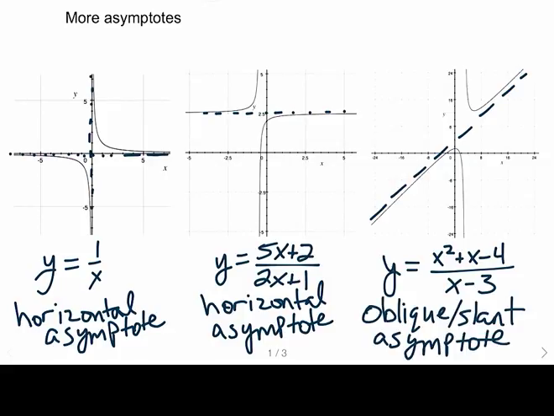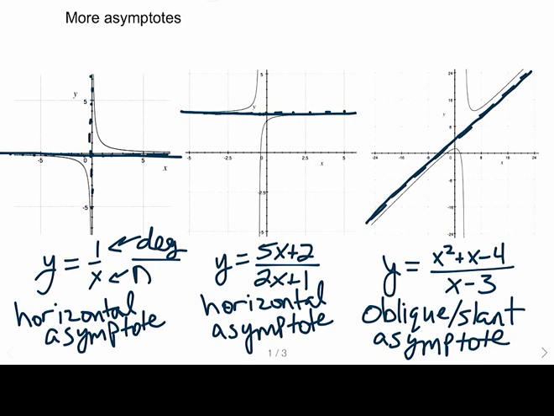Now, what's going to determine for us whether we have a horizontal asymptote on the x-axis or a horizontal asymptote that's not the x-axis or an oblique asymptote is actually how the degree of the numerator compares to the degree of the denominator. In the case of y equals 1 over x, the degree of the numerator is smaller than the degree of the denominator.